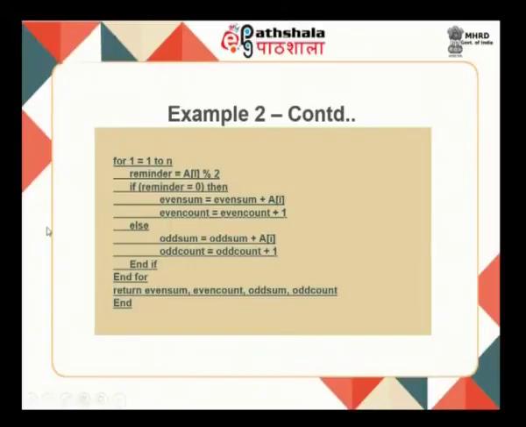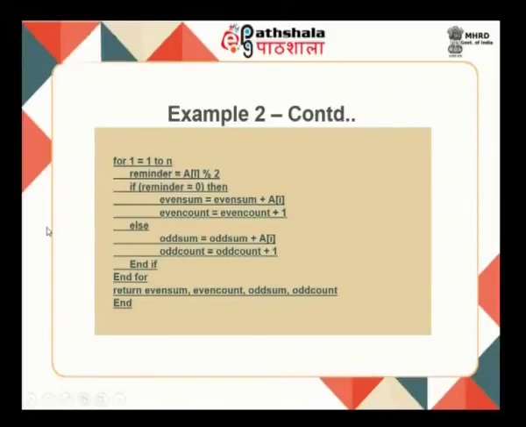So, you can see exactly what is happening. I am starting a loop I 1 to n, then I am reading the number, I am taking the remainder. If the remainder is 0, then I am concluding that this is an even number.